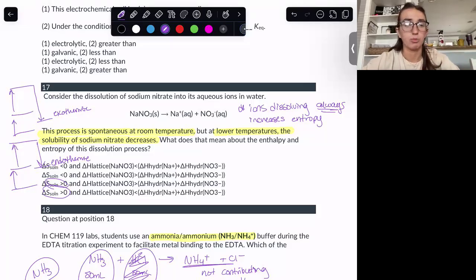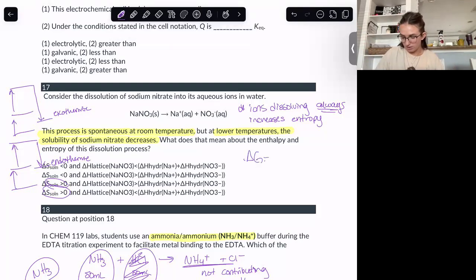The process is spontaneous at room temperature, but at lower temperatures, the solubility of the sodium nitrate decreases. Then where is that looking at delta G? What are my signs of delta H and delta S? Delta G is equal to delta H minus T delta S. If this is spontaneous at lower temperatures, what does that mean?